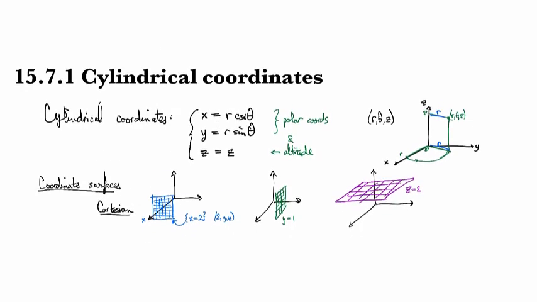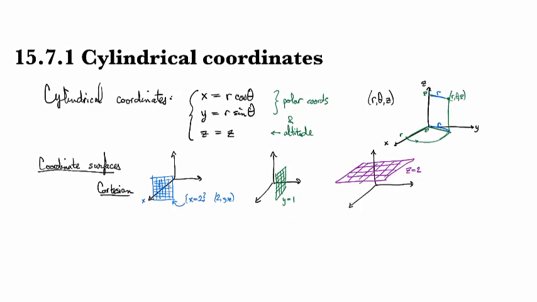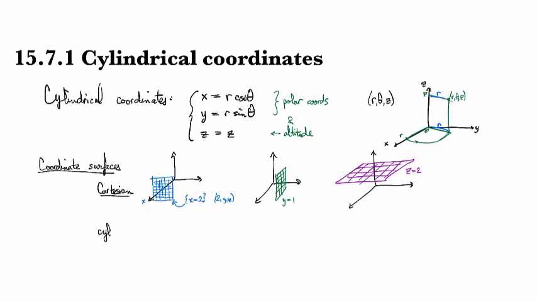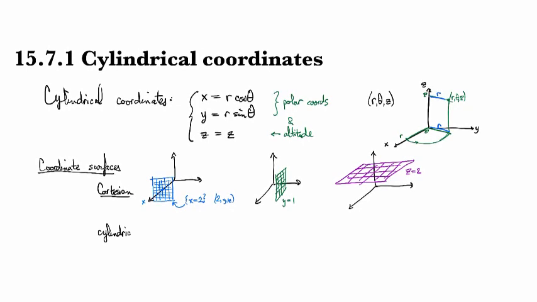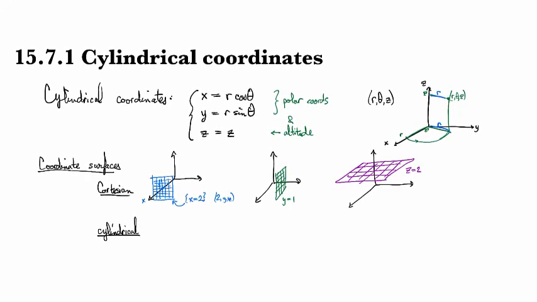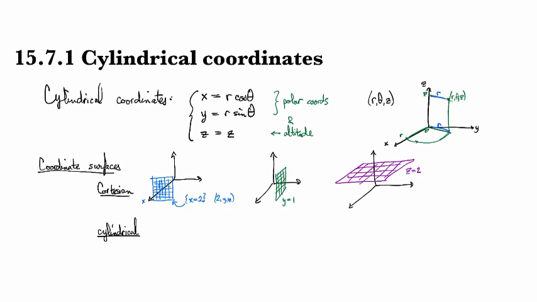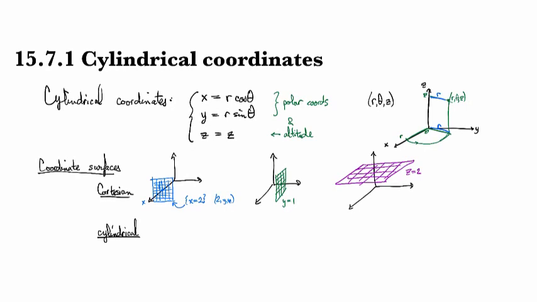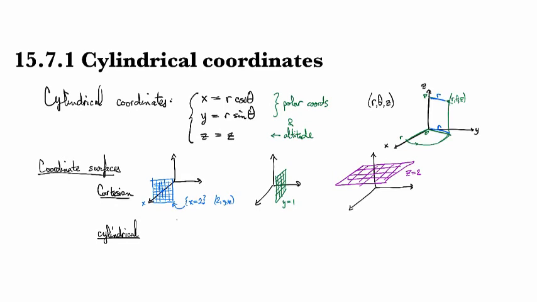Okay, so those are the usual Cartesian coordinate surfaces. So now we can do the same thing in cylindrical. And so keep in mind, if the object that you're setting up an integral for has these three flat planes that I just drew as the coordinate surfaces, then setting it up in Cartesian is probably the thing that you want to do.